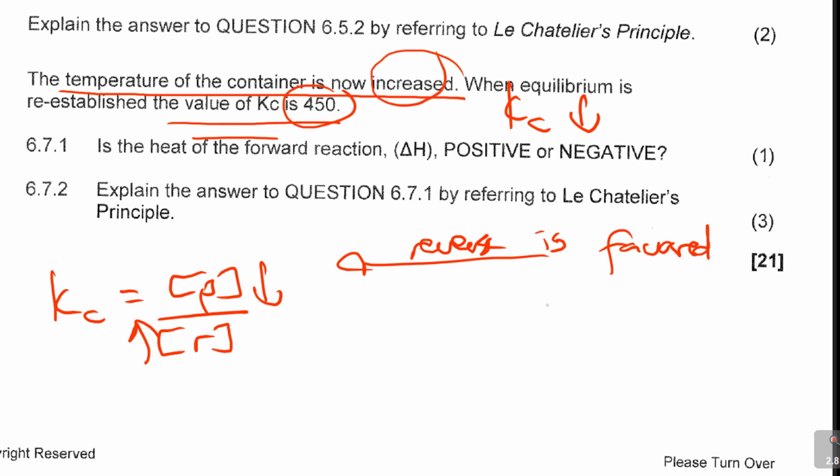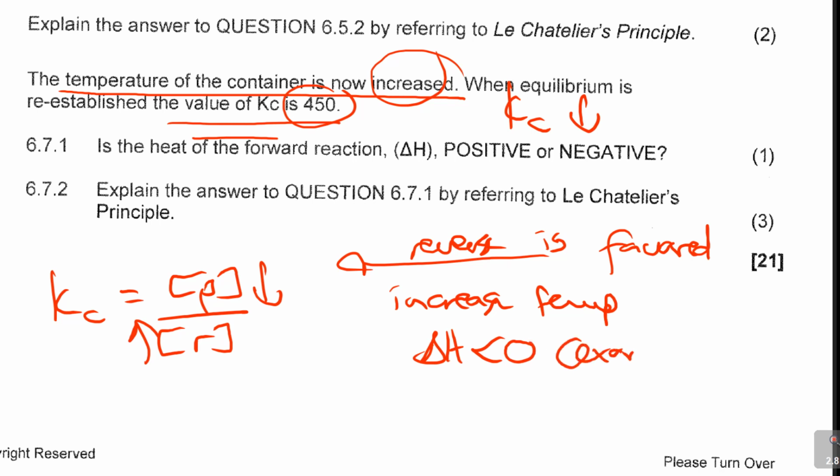So increase in temperature caused the reaction to go backward, meaning the delta H of this reaction is exothermic. In exothermic reactions, when the temperature goes up, the reaction goes back because the reaction is already producing heat.